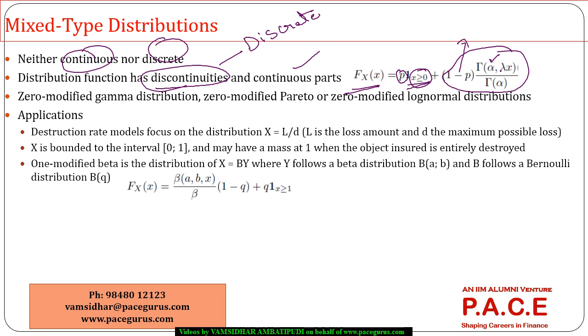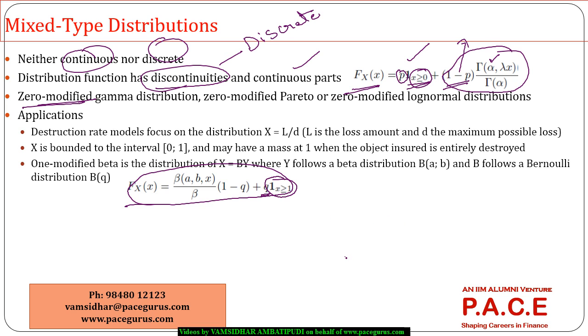Gamma distribution with alpha and lambda. This is called the zero modified gamma, because at 0 the distribution function takes a value of 1, and at all other places, where the probability is 1 minus p, it follows a different distribution altogether. Similarly, you see here a one modified beta distribution. There is a probability q where the distribution value is equal to 1, for x greater than or equal to 1.